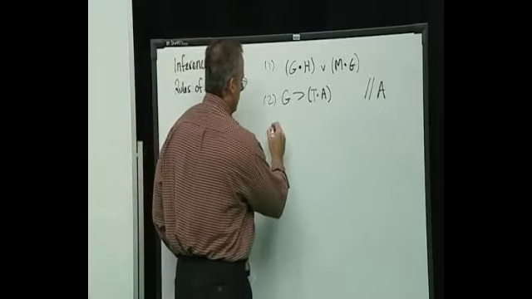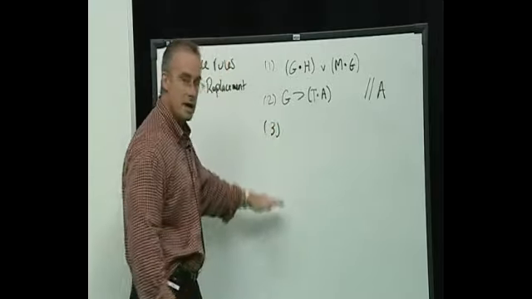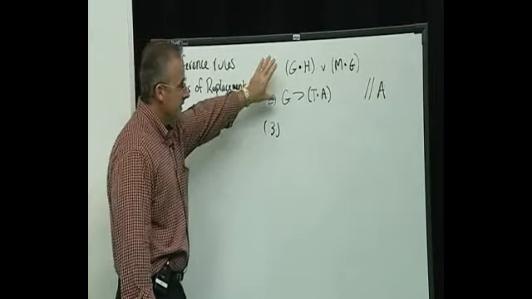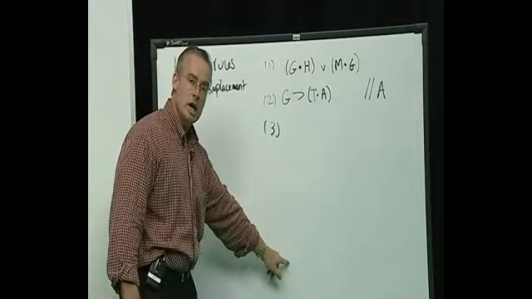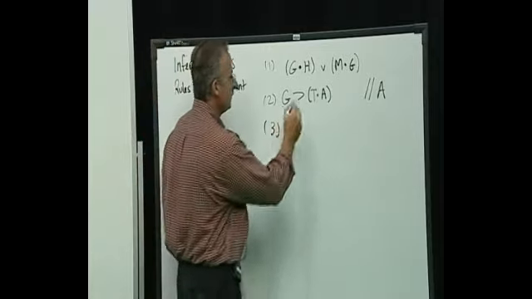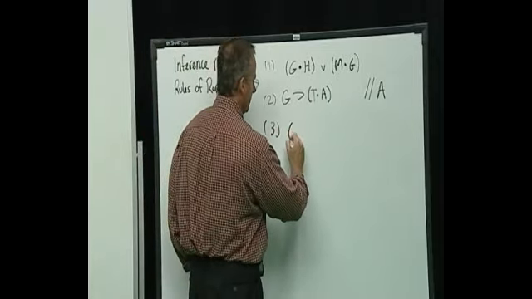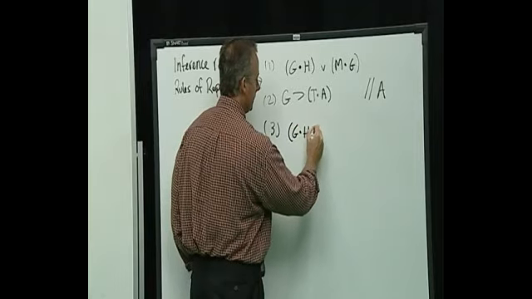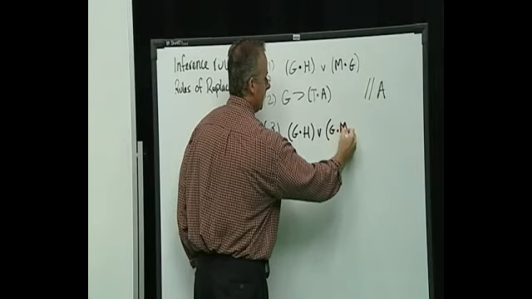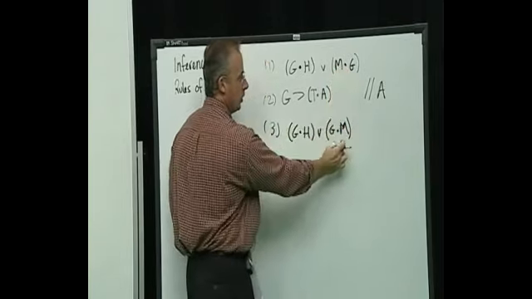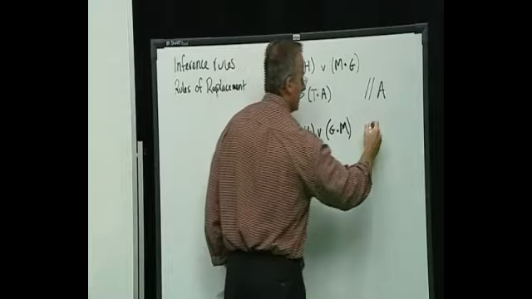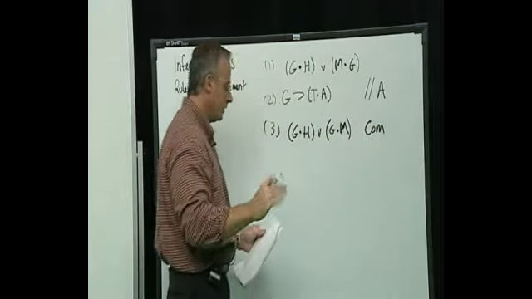All right. We want to go through a step-by-step process, where we're applying either a rule of inference or a rule of replacement to this information. And we're trying to get down to a line where we just have A by itself. All right. Well, what we can do from the first premise is rewrite this as G and H, or G and M. All we've done is shifted the order of that conjunction, and the rule for that is simplified as COM, which stands for commutativity.